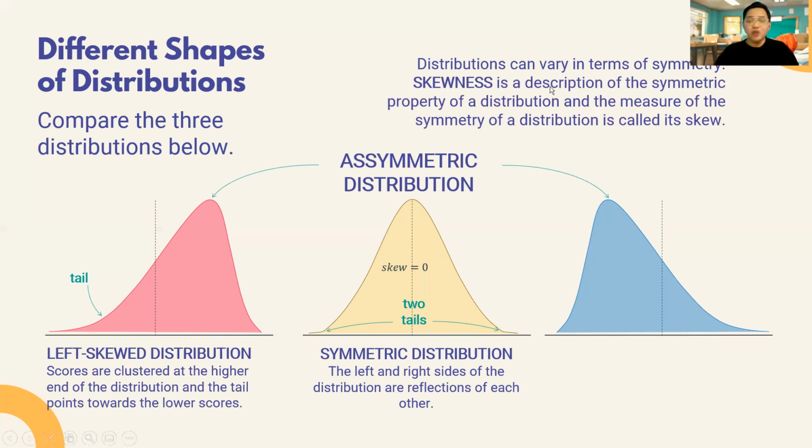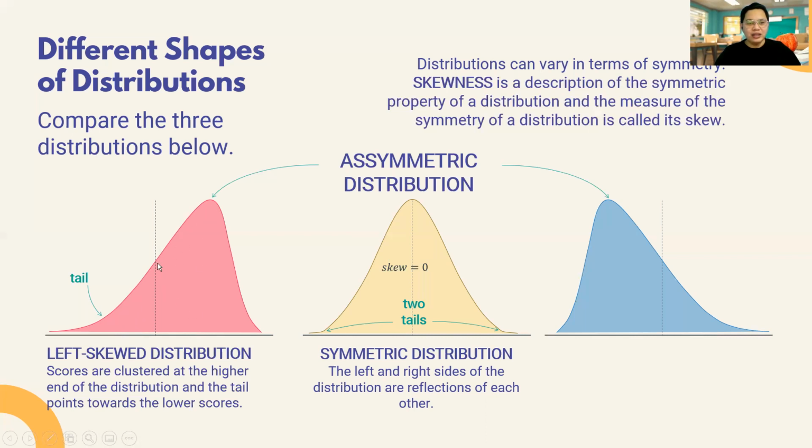Remember that we're talking about density curves, and density curves represent distributions of a continuous random variable, right? So if we try to represent this with a histogram, try to imagine bars that compose this image over here.